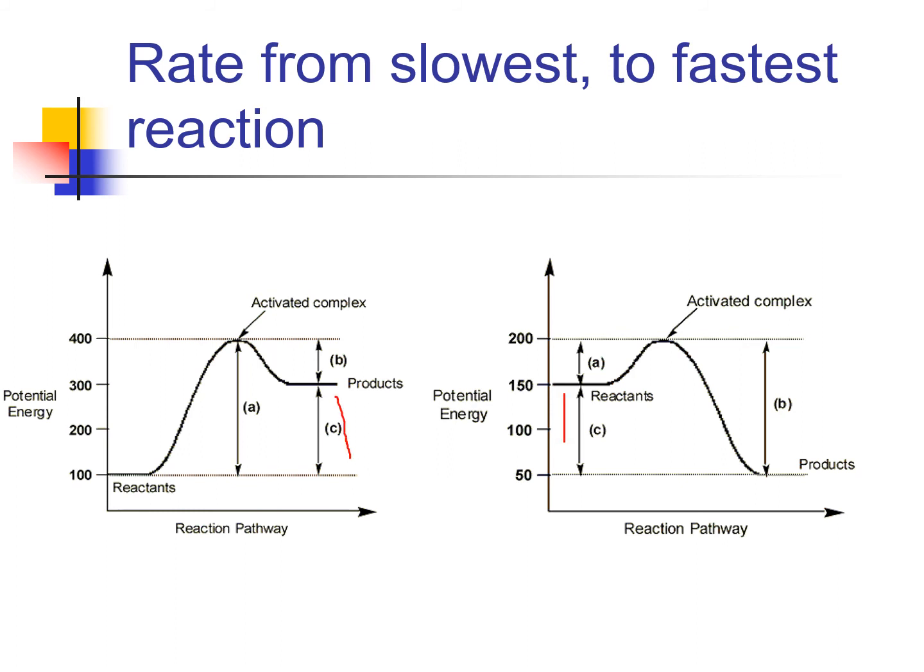C would be the total energy change, that's endothermic or exothermic, one on the left being exothermic, one on the right being endothermic. That has nothing to do with rate. The speed is all about this activation energy. Higher activation energy should be the slowest.